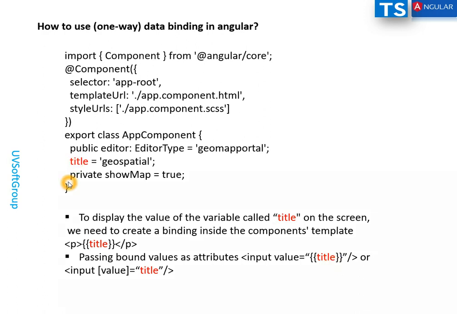In this case, it is title. Or you can do it this way: you can directly pipe it, or if it's an input, you can put value equal to your title, then with pipes. This is one-way data binding.